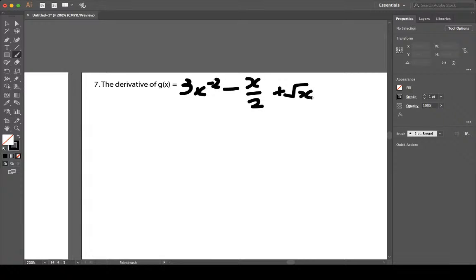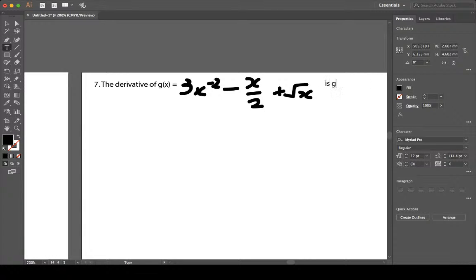Okay. Is g prime of x, which equals to something. So, how do we solve this?